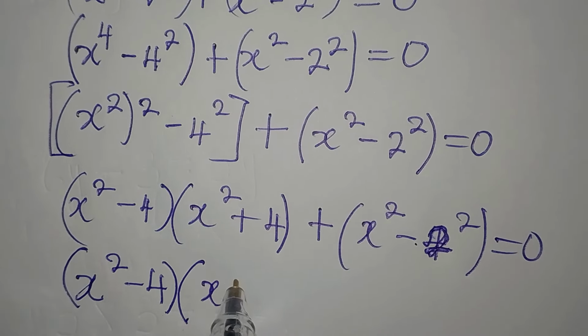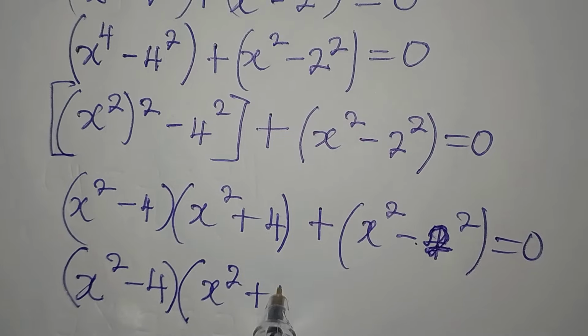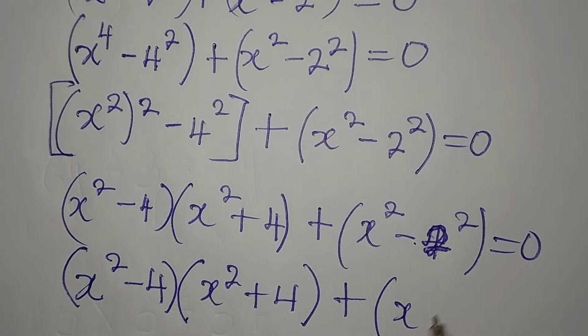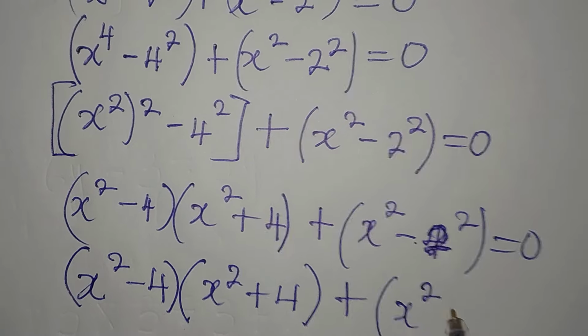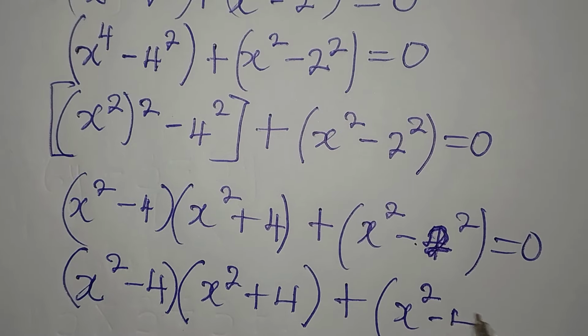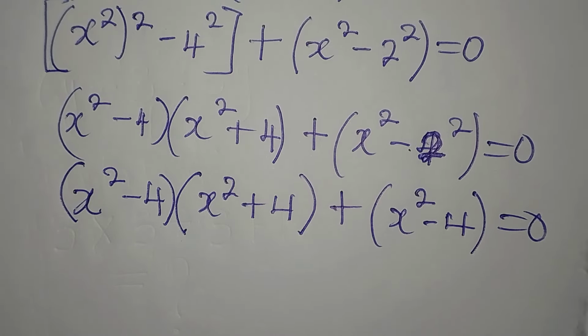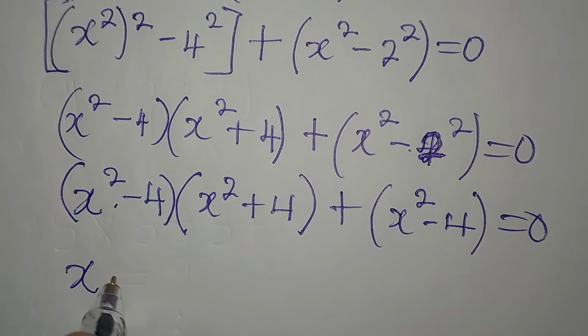into x squared plus 4, then plus open bracket x squared minus 4 equals 0, because 2 squared will still give us this 4. Now this and this are the same. We'll now factorize.